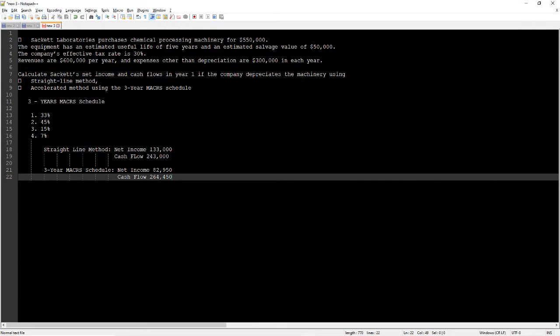And because all the other the revenue and the expenses and the tax rate are all fixed, they don't change between the two methods. The only thing that changed was the way we depreciated. We can see that in the straight line method, we actually show a higher net income than if we use the macros method. And then we can also see, though, that if we use the macros method, we show a higher cash flow than we do if we use the straight line method.